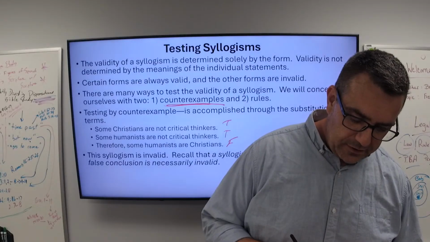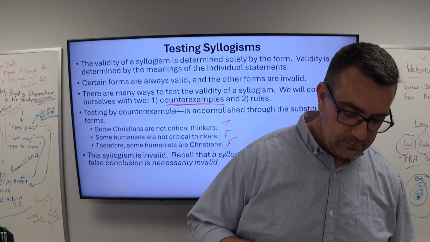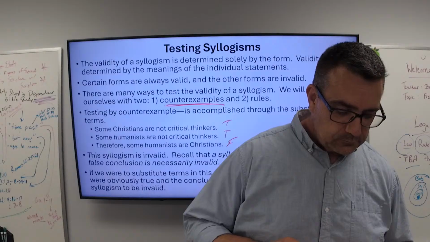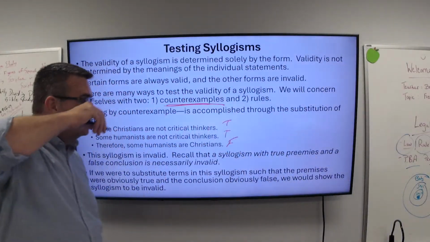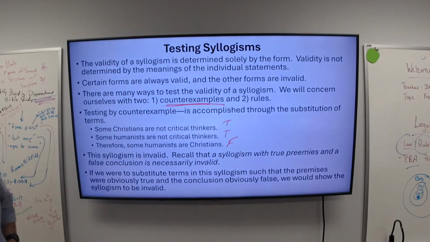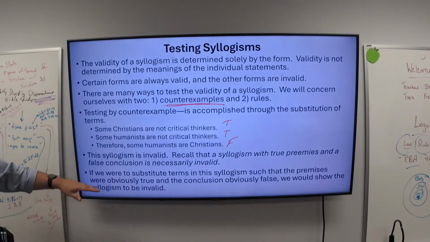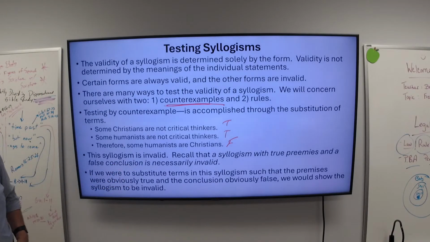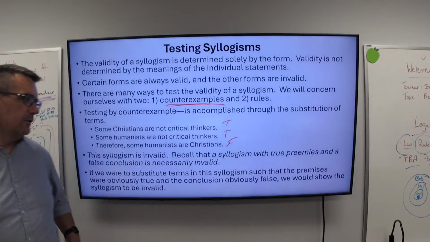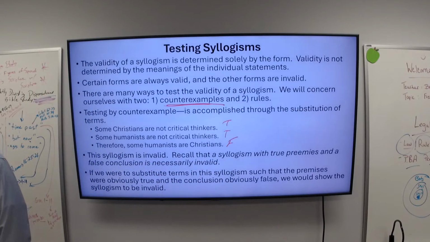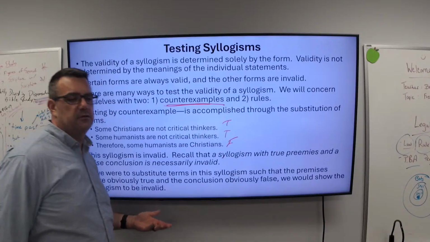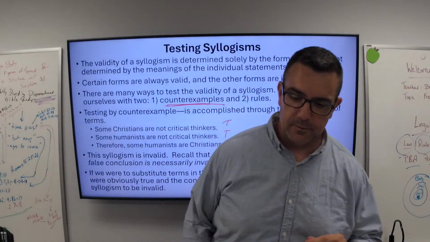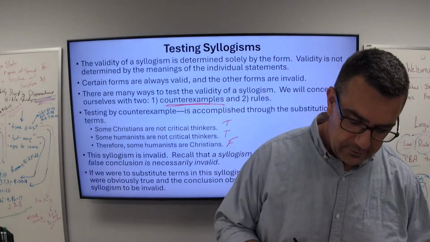Now, we could test this, though, is the point here. If we were to substitute the terms in this syllogism such that the premises were obviously true and the conclusion obviously false, we would show the syllogism is invalid. We kind of already did this at least once by switching out the terms, but we need to make sure that we do this again.